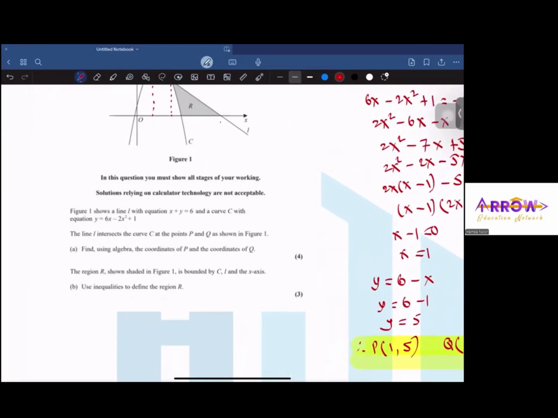It says that the region R shown shaded in figure 1 is bounded by the curve C, the line L, and the x-axis.